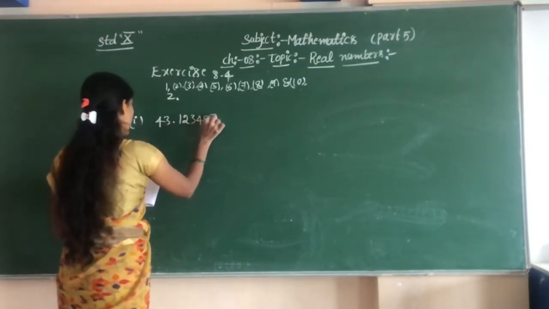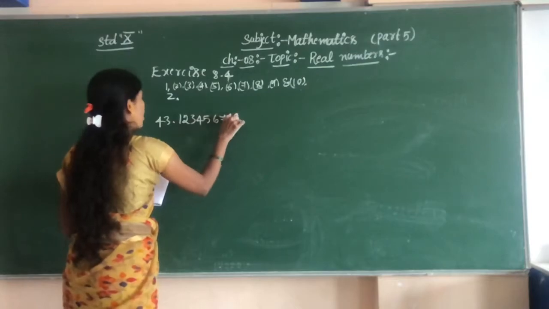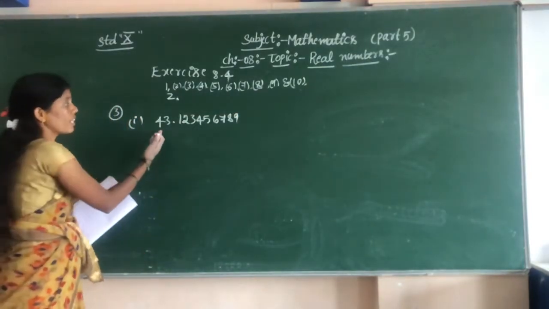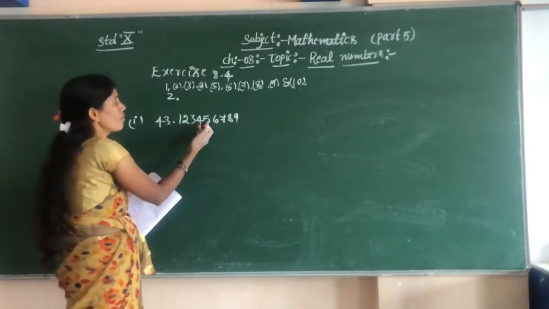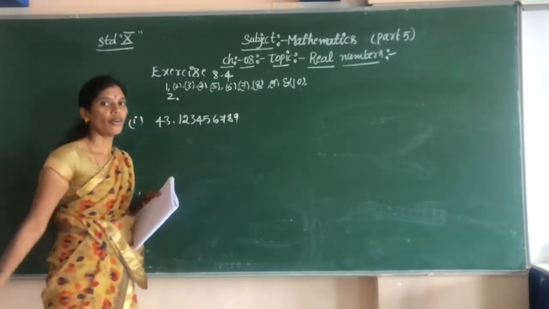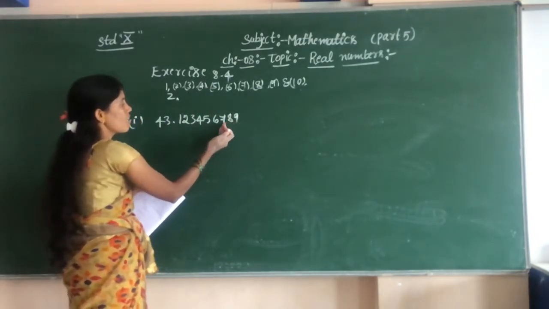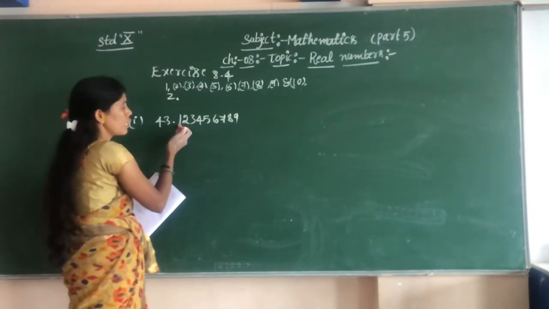43.123456789. Okay, you should count that. 43.123456789. So find ones, tens, hundreds, thousands, ten thousands, lakh, ten lakh, crores, ten crores.